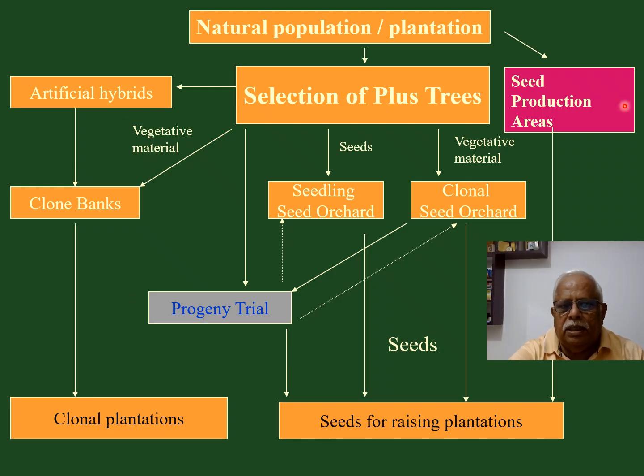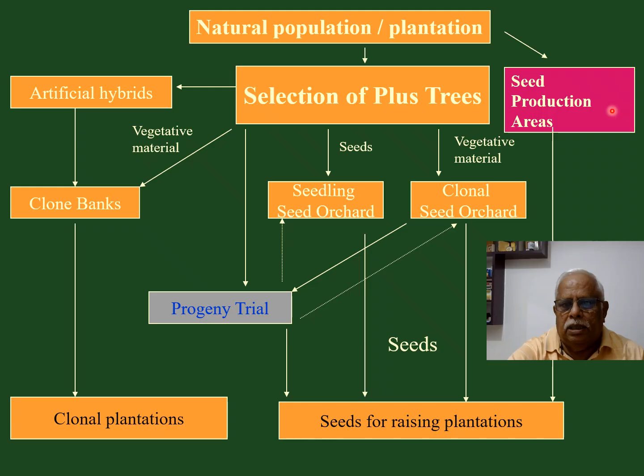And if you see in this chart, I have also marked the seed production areas as part of the tree improvement. So seed production areas are also meant for seed production. In the seed production areas, we select the best plantation, and from this best plantation we remove the inferior trees and maintain average and above average trees, and after culling we collect the seeds.